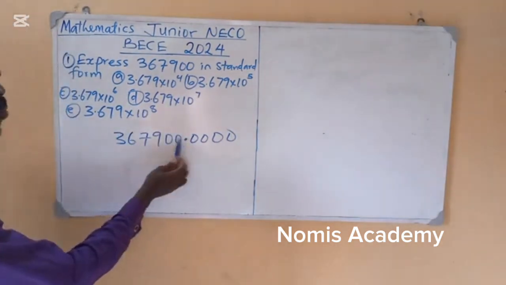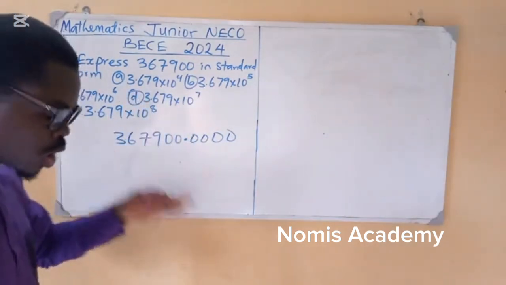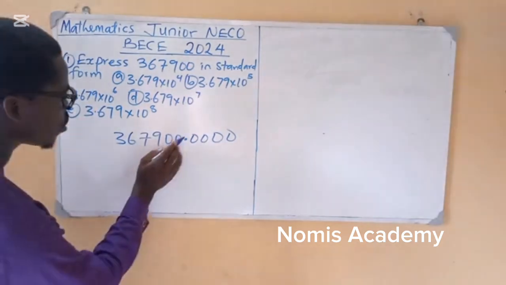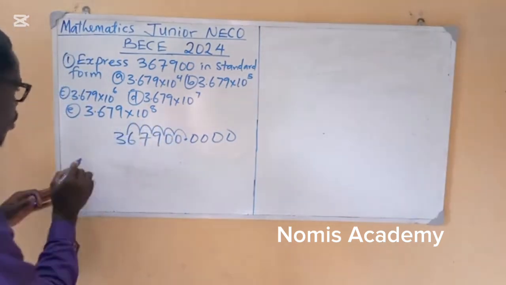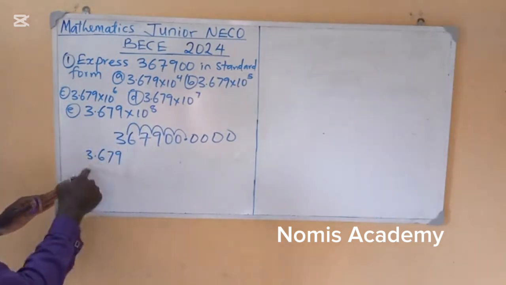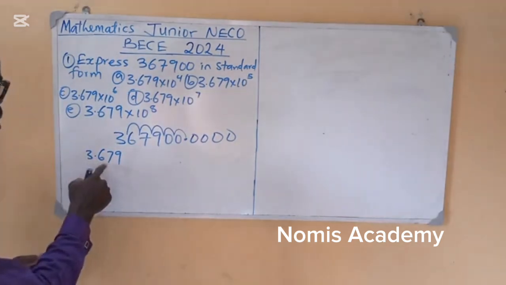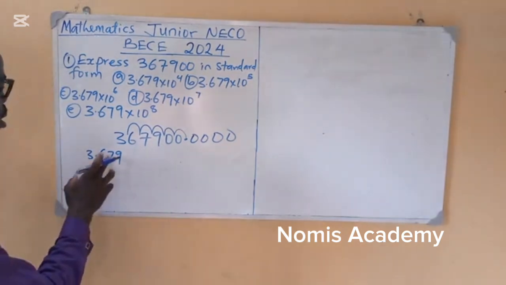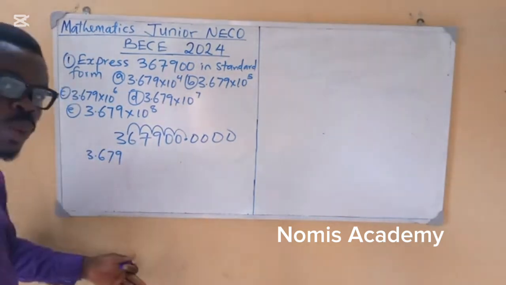Now we need to count backward so that we can get the value of A, which is within the interval from 1 to 10. So let's go. We have 1, 2, 3, 4, 5. If I write 3.679, you see this number is within that interval from 1 to 10. 3.679 is not greater than 10 and is not less than 1. So it must be within that interval.